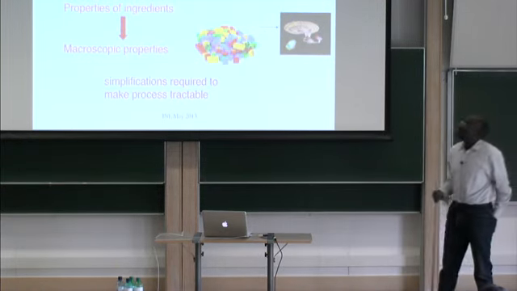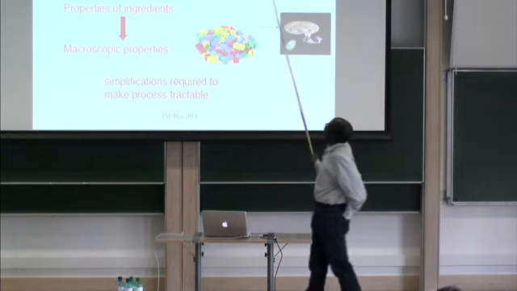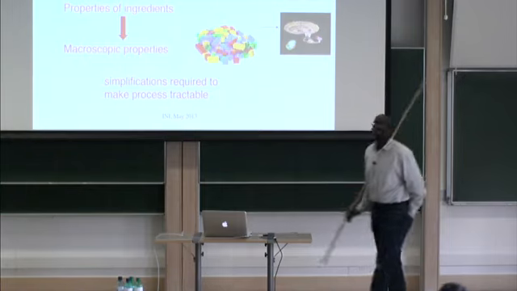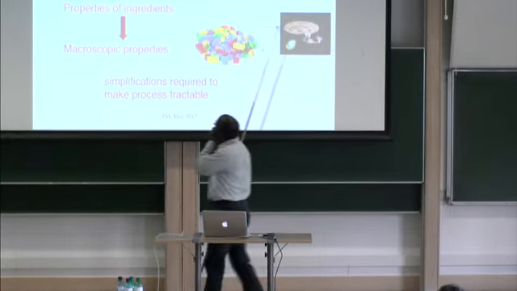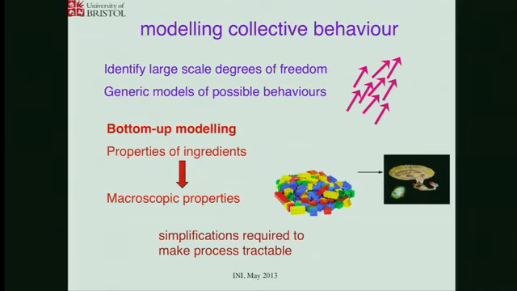So the goal is we want to understand how a large number of these things behave. Since we have such a large number of objects, it's a very complicated system, so we're going to have to decide what things we want to look at.